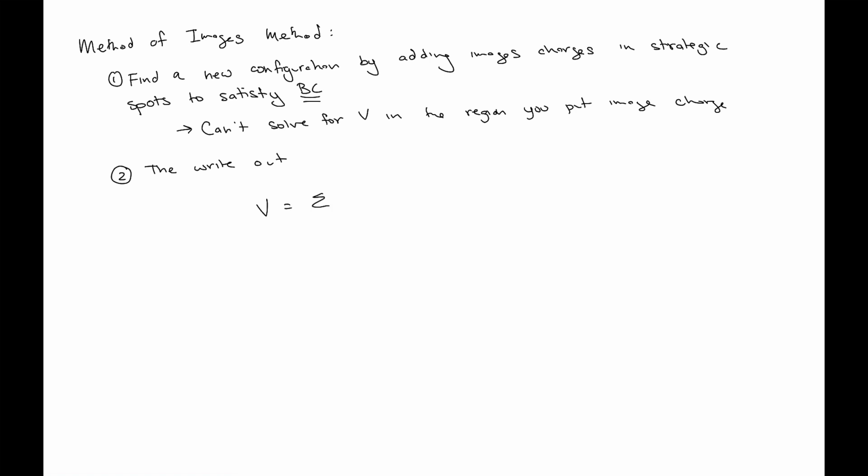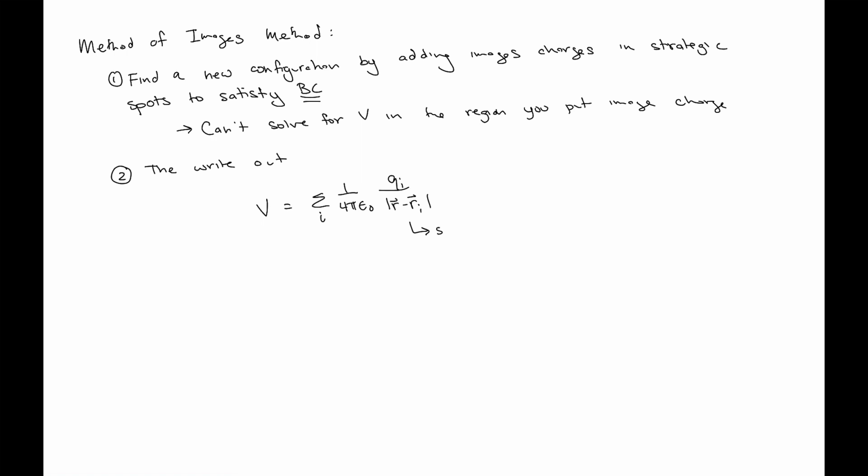Depending on how many you need, you could need more than one, in more than one different place, all of them in a region where you're not trying to figure out what the potential is. And then just sum them together, okay?